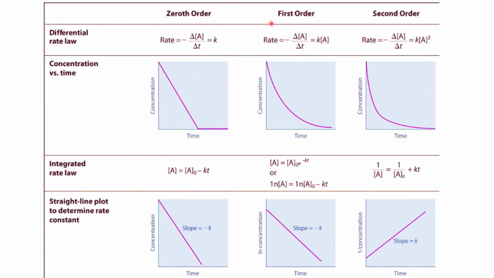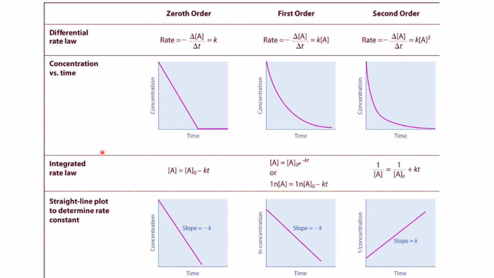And when we are talking about the first order reaction, it is depending on the concentration of A. That's why initially it will be steeper, but it will become constant with time. The slope will actually decrease with time. And for the second order, it will be even steeper. Why? Because it's second order. It means that it's consumed faster and faster, and that's why it will be steeper, but again with time the slope will decrease.